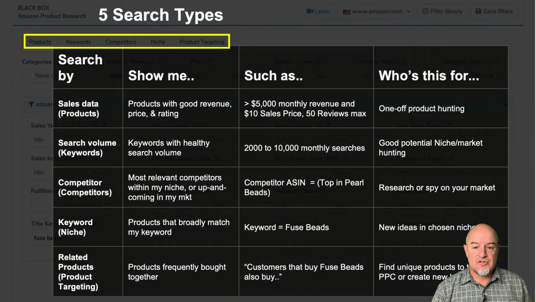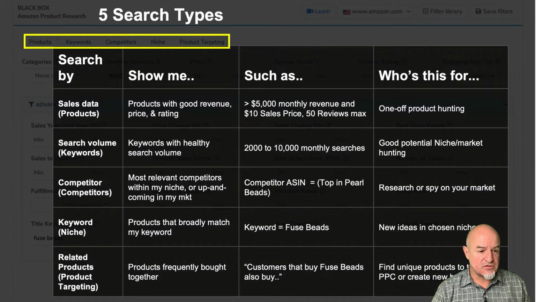Okay, so those 5 search types, as you can see here, are set up to where you can search for different types of products by inputting different types of criteria. For instance, that first one, the products tab, you're actually looking through sales data, and you're looking for products maybe with good revenue, price, or a rating that you have determined is best for your hunting and where you're at.